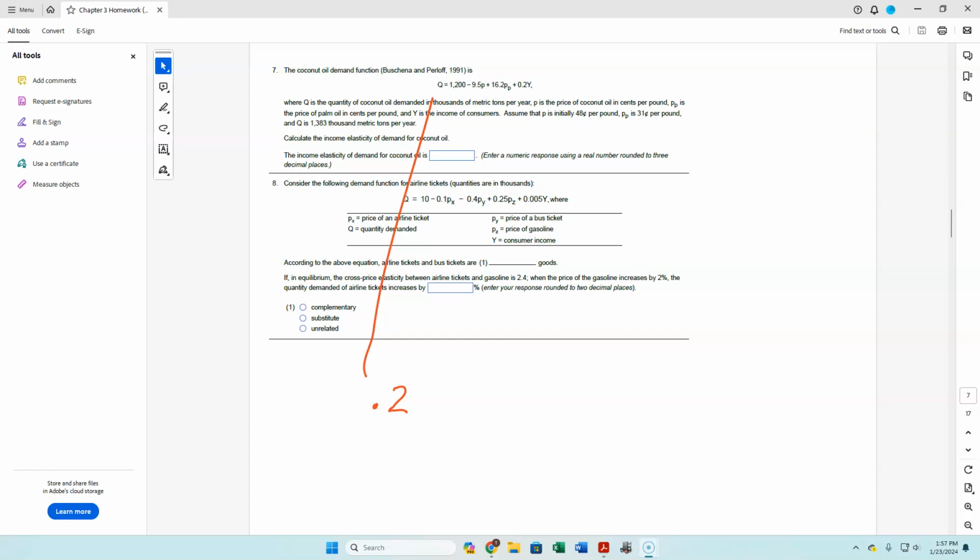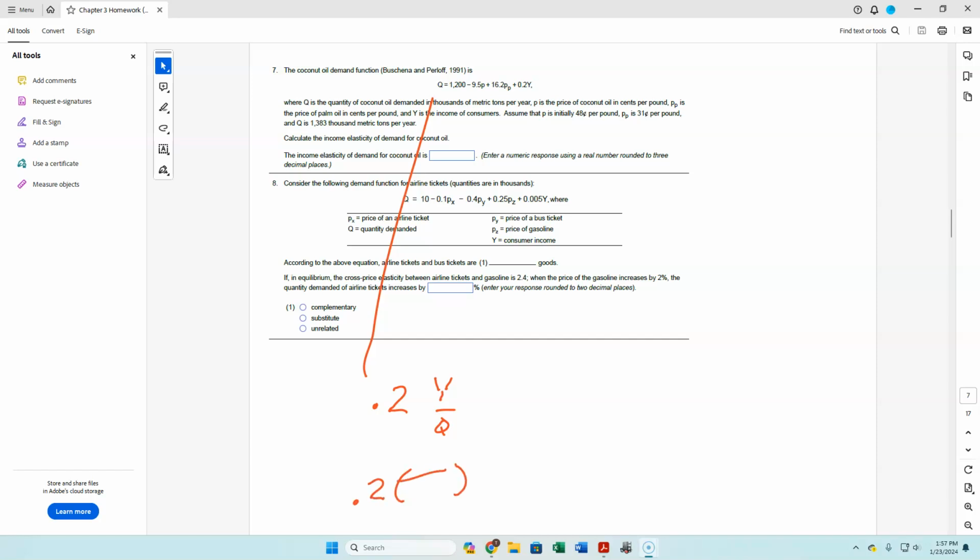And that partial derivative with respect to income, so that income elasticity of demand, the 0.2, times, now over here I've got my y over q. My y in this case is, sorry, I'm just finding it here, 897, yeah, over 1383. Okay, so 0.2.